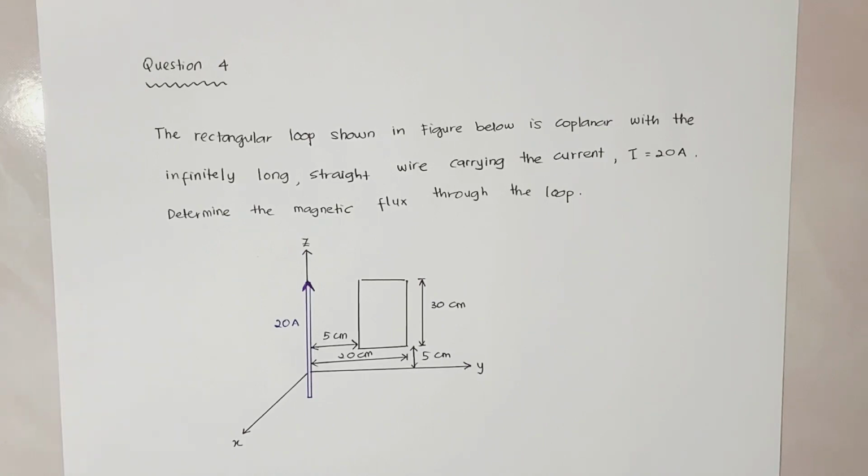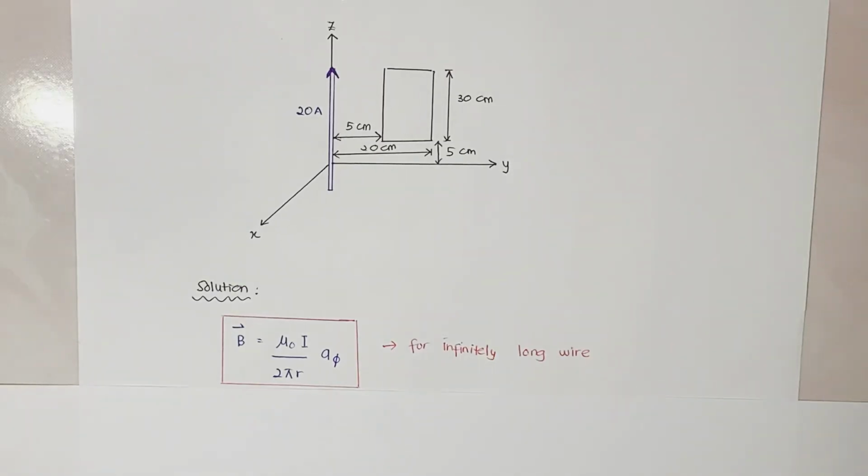Okay, so first, this is the equation for an infinitely long wire. You need to use this equation since the question gives you an infinitely long straight wire carrying current I equal to 20 ampere. So this is the best equation that you can use to find the magnetic flux.